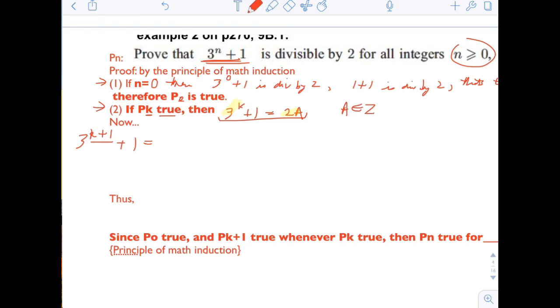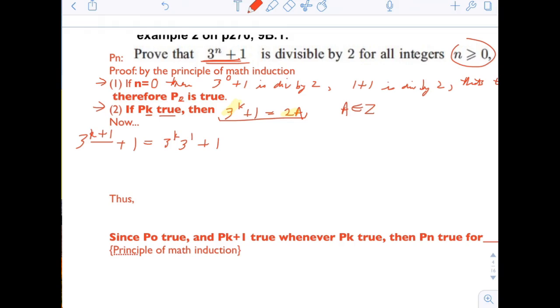So we know how to do that. If we know that the exponent is k plus 1, 3 to the k plus 1 is equal to 3 to the k times 3 to the 1. So we got that.